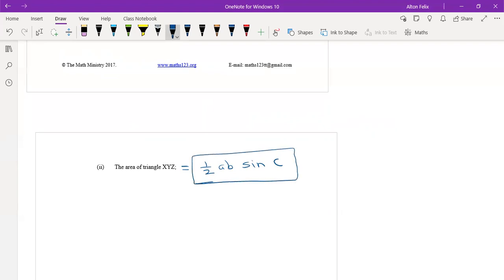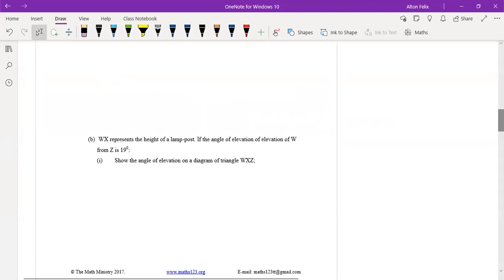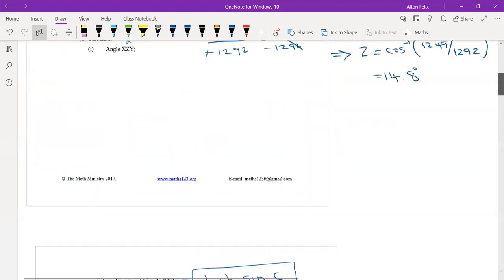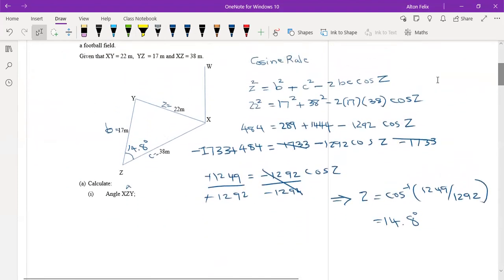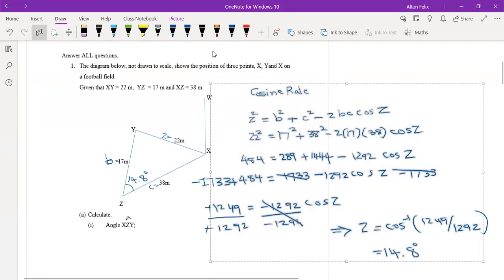So we're gonna go back up to the triangle. Remember that formula there. Half AB sine C. Let's find the area of the triangle. Let's clear that board. So let's see, we can take this off. All of it, right? So let's see what we can get off here.